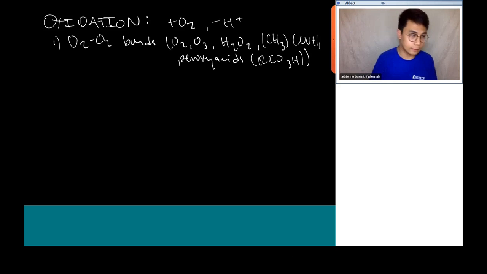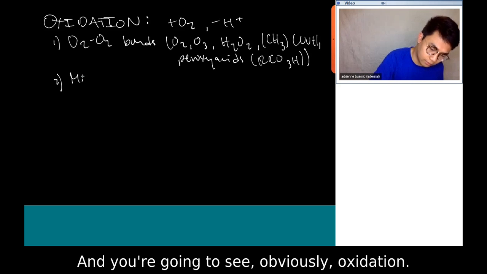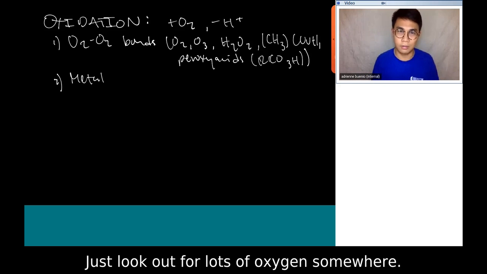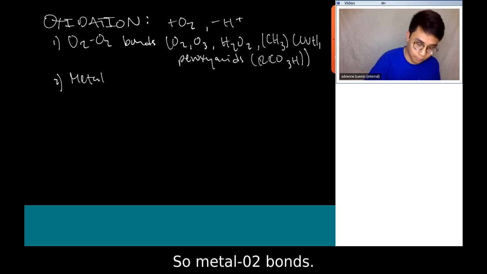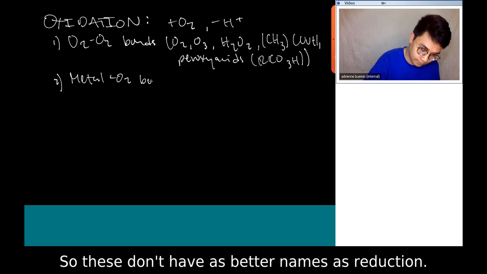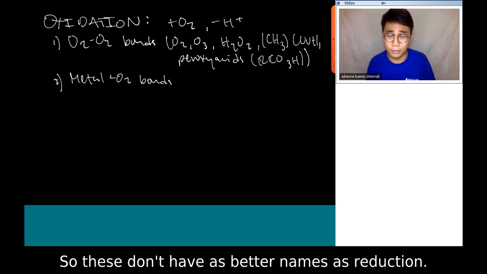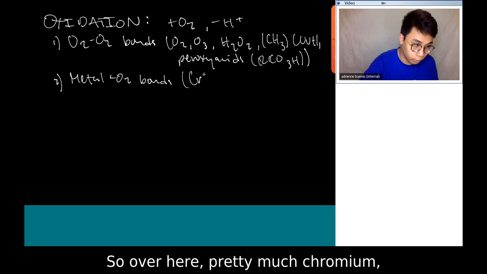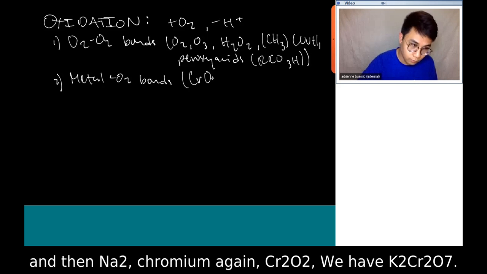Okay. And then we have again metals, right? And you kind of see obviously oxidation, just look for lots of oxygen somewhere. So metal O2 bonds. So these don't have as good names as reduction, but over here pretty much chromium, and then Na2Cr2O7, chromium again.